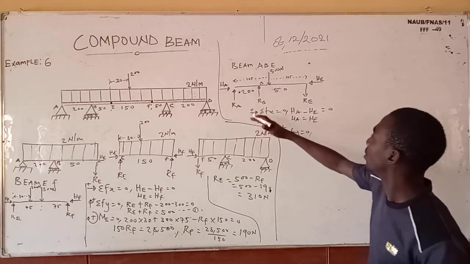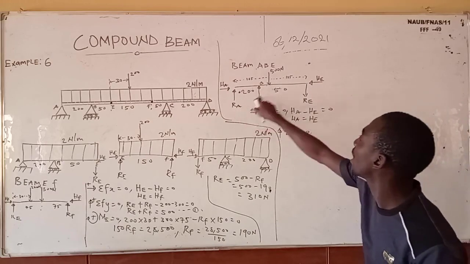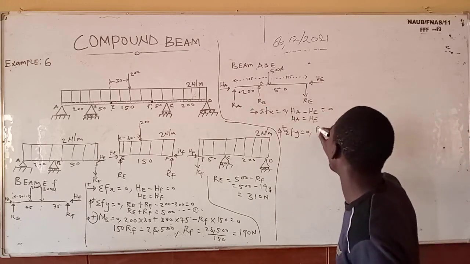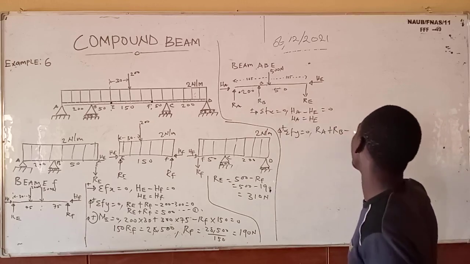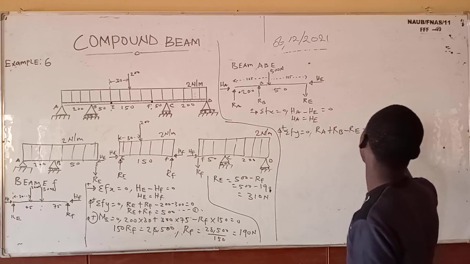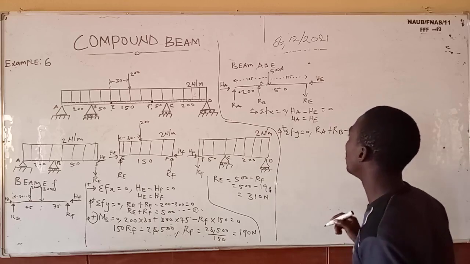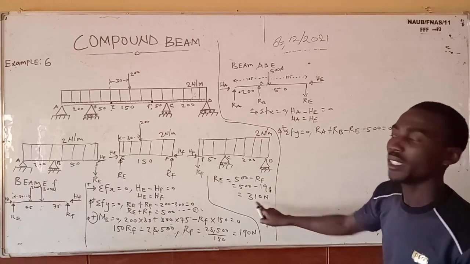So now the upward force I've given to be positive. How many forces do we have here? That is upward is arrow A plus arrow B, minus arrow E, which is downward, minus 500, which equals 0. But don't forget, we've gotten our arrow E. Our arrow E is 310.